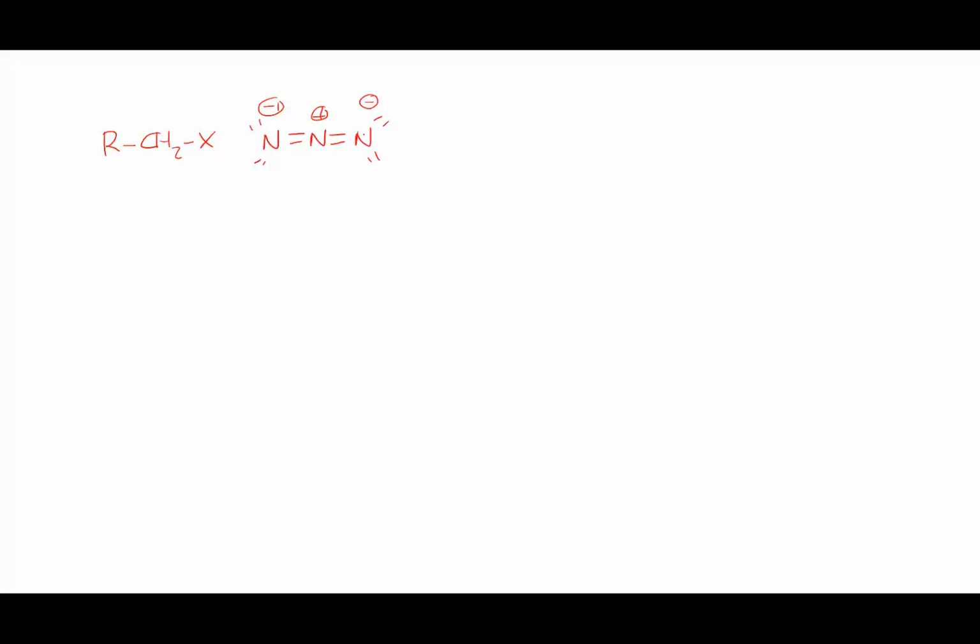And the idea here is that we can react this with an alkyl halide and do an SN2 reaction on it. So one of the nitrogens can take its lone pair and come in and kick off the halogen. So I can add this azide molecule to the end of the chain.